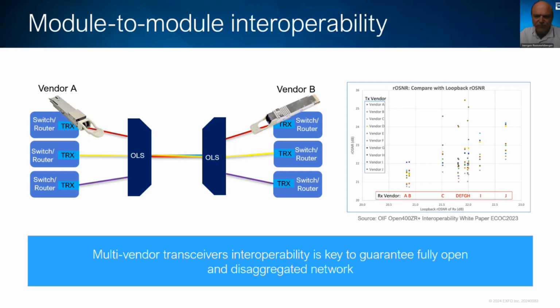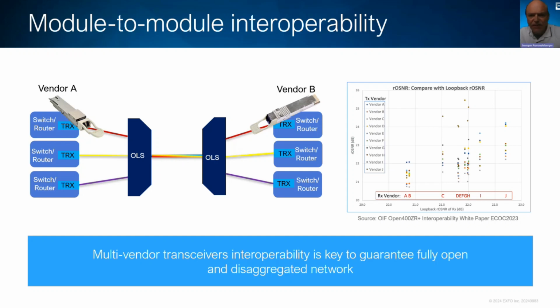here. So different vendors plugged in a switch or router are configured to the same settings by the equipment using the CMIS registers. So such an approach is therefore also including the interoperability between the host and the module and to the optical line system.